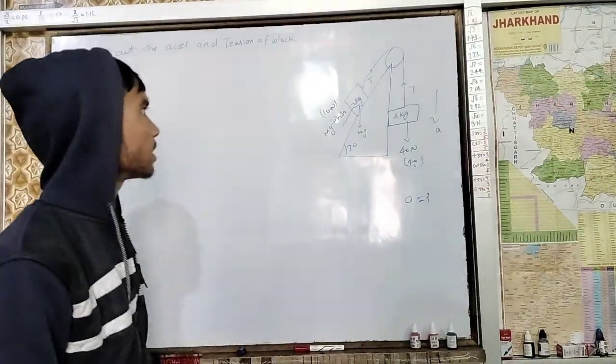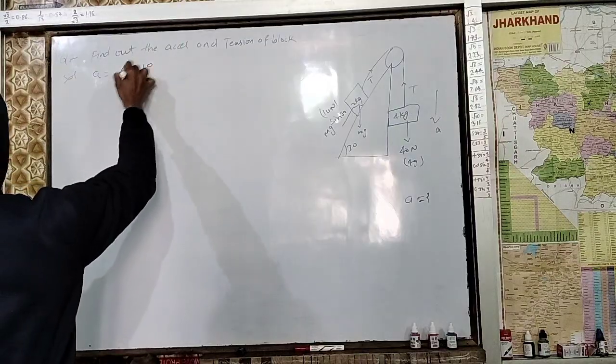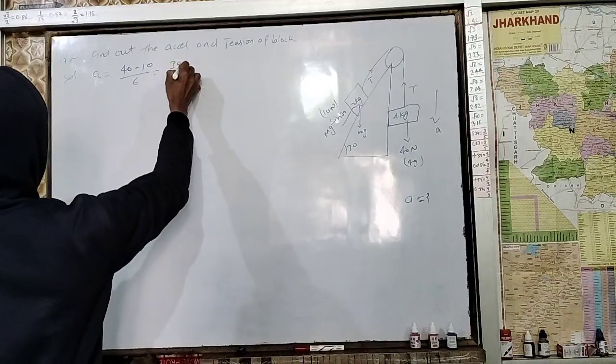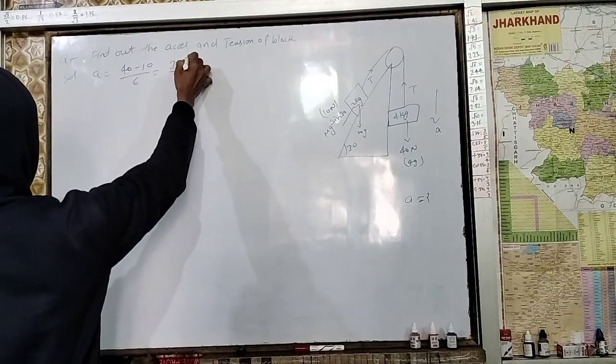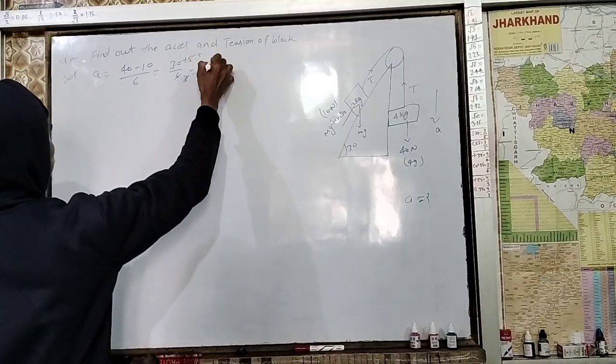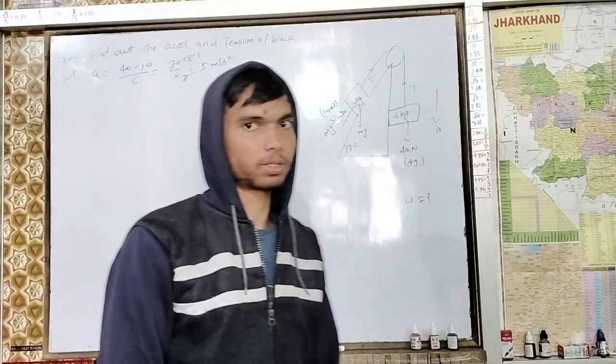So 40 minus 10 upon 2 plus 4, 6. 30 upon 6 is 5 meter per second squared. This is our acceleration.